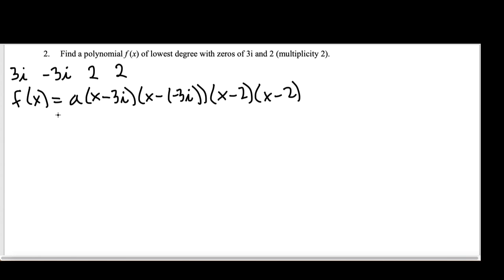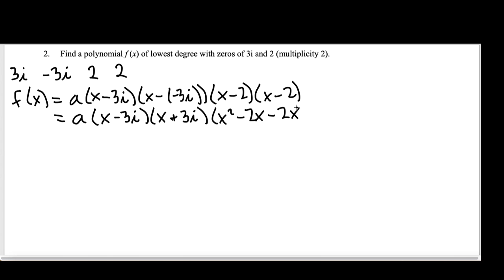And a minus of a minus is a positive, so this is equal to a times x minus 3i times x plus 3i. Okay. Over here, let's go ahead and square this out. So we've got x times x is x squared minus 2x plus 4.